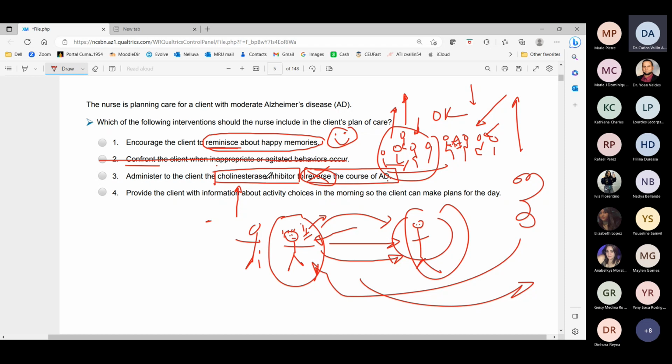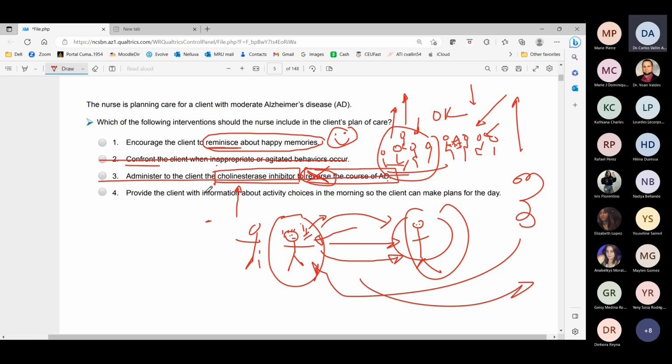The theory is that there is a deficiency of acetylcholine in certain areas of the brain, and increasing the concentration of acetylcholine could let the patient present a better memory, a better reasoning, etc. So this word disqualifies this option.